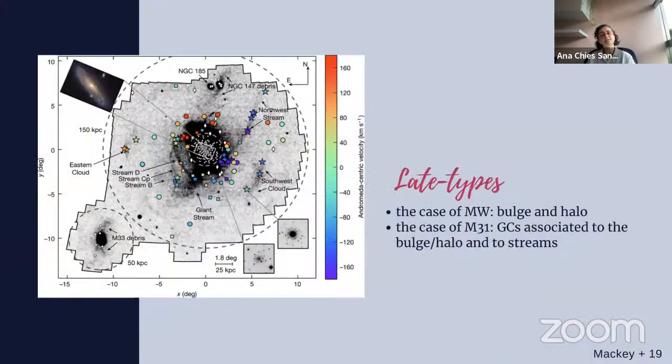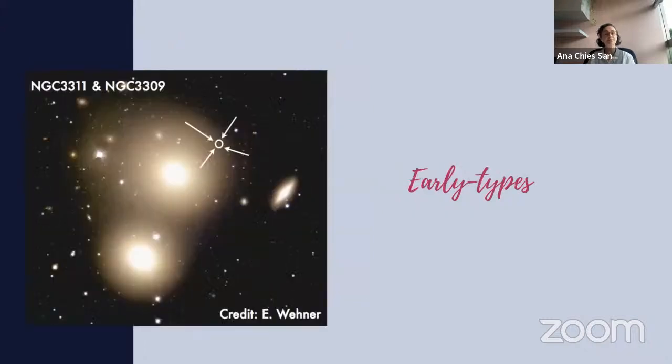In other late-type galaxies, such as our spiral neighbor Andromeda, besides being found in the bulge and the halo, globular clusters are also found heavily associated to streams, like these here. In the most massive galaxies, such as these two at the center of the Hydra cluster, they have an estimated number of 15,000 GCs per galaxy, like this little dot inside the white circle, that can be seen with very deep imaging.